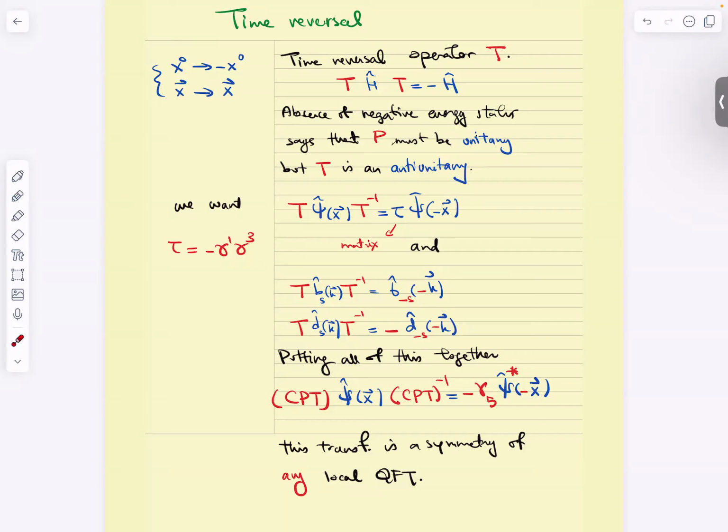Exactly. So these calculations are non-trivial, right? Any guesses?